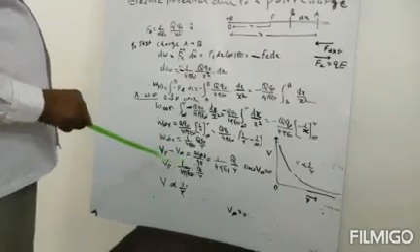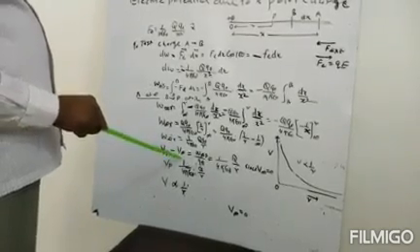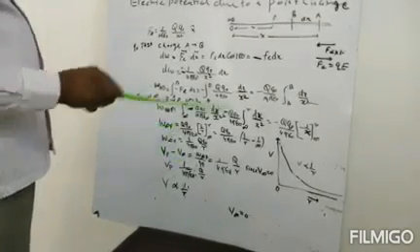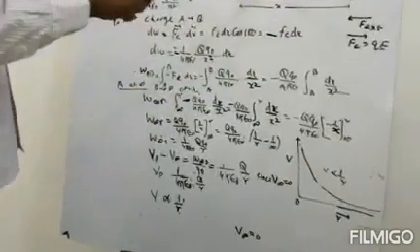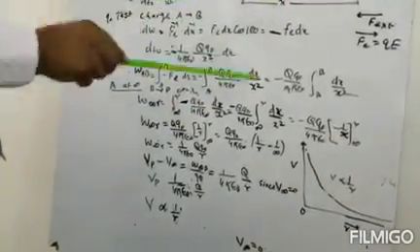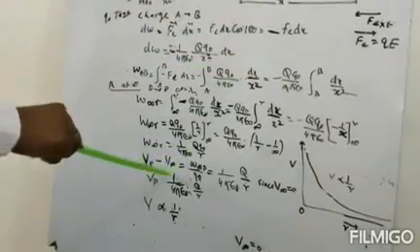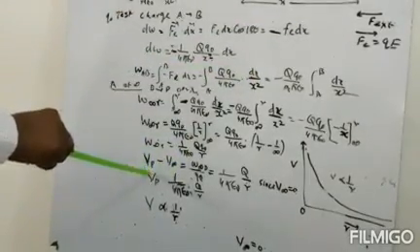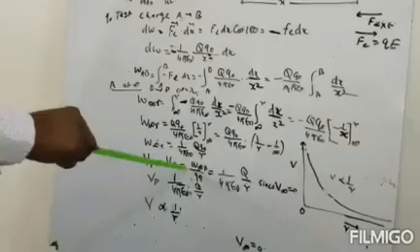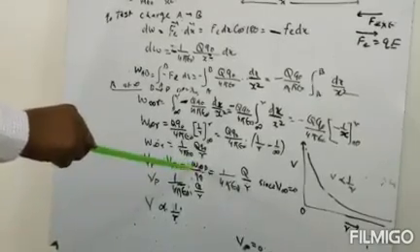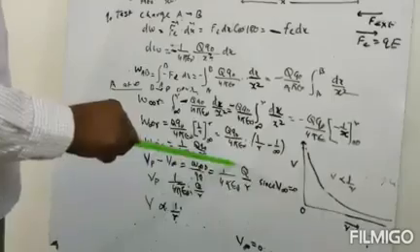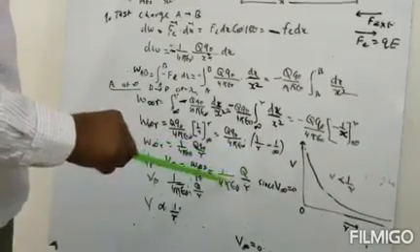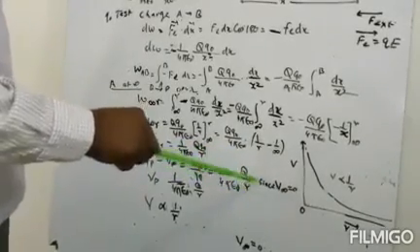Subtract करेंगे तो Vp minus Vr will be equal to the work done to bring a charge Q0 from infinity to this point r, divided by its charge Q0. So Vp minus V infinity will be equal to Q into 1 by 4 pi epsilon 0 into 1 by r.